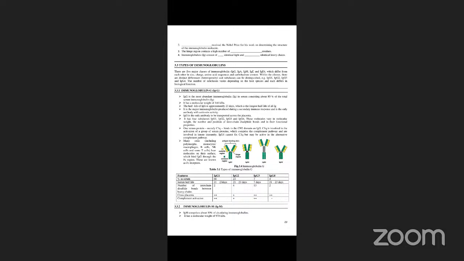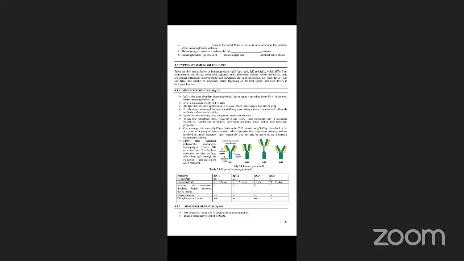It has a molecular weight of 146 kilodalton and its half-life is approximately 23 days. A half-life of 23 days means how much time half of the molecules can survive within the serum. So 23 days they can actually survive.